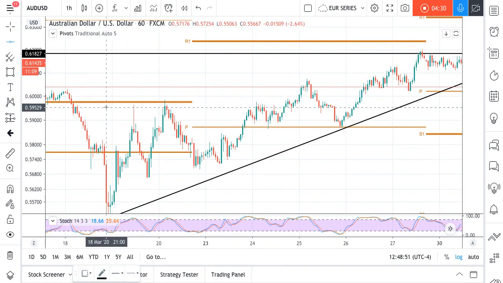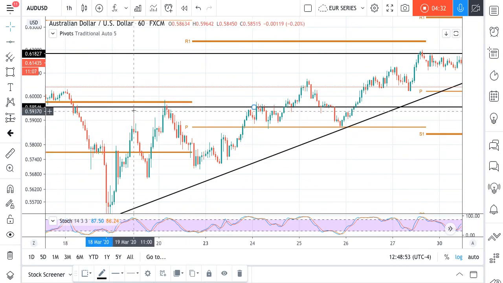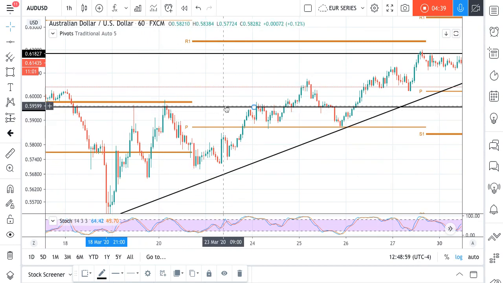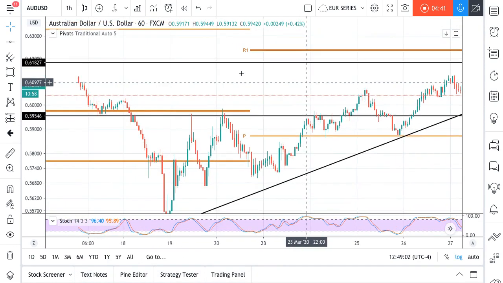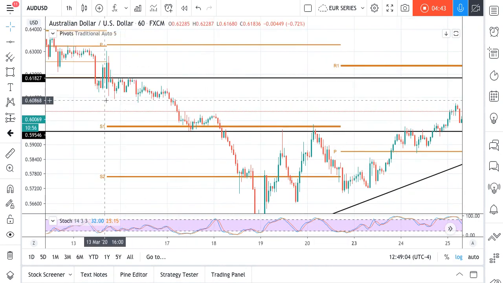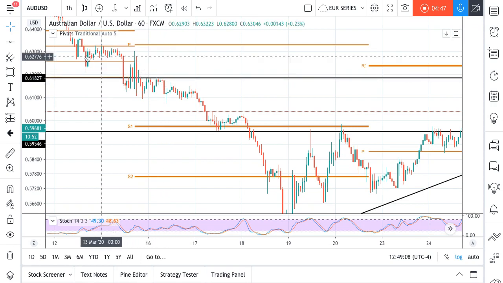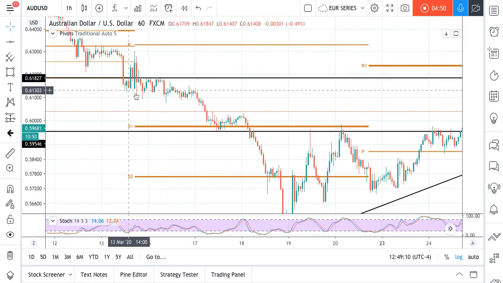Double top here and here. You see, price came up, went back down. Price came up again, went back down. Let's see, and we have our original double top point here. Here we go. Price was on a downtrend, came up, rose back up, rose back up.